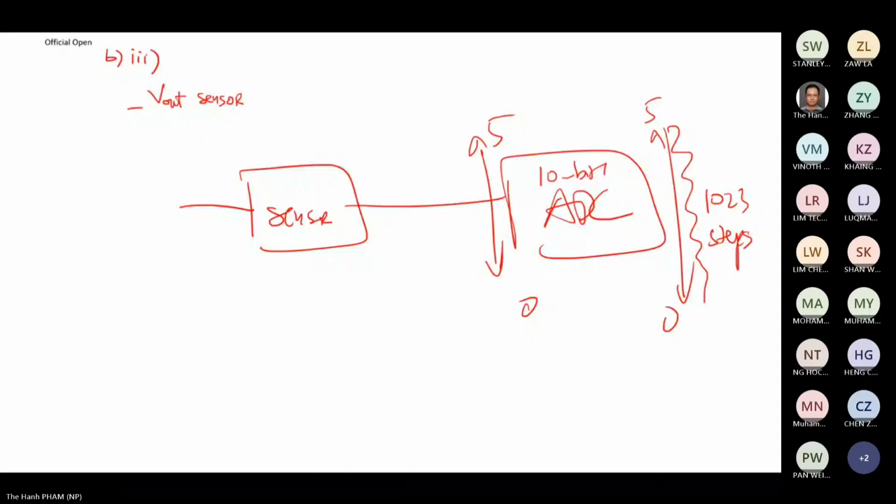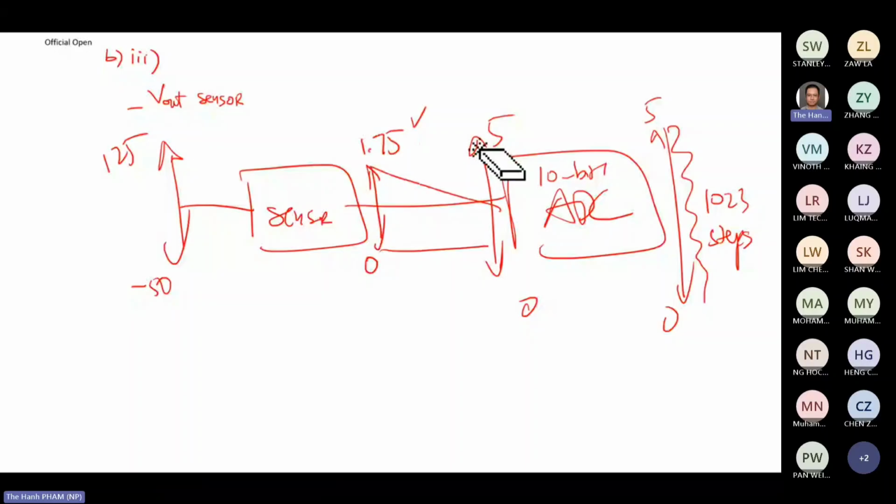Agree? This is the minus 50 degree to 125 degree, and the voltage you have is only 0 to 1.75, right? So this one is only a portion of the range you can use from 0 to 5, right? Oh, okay, get it. Thanks.